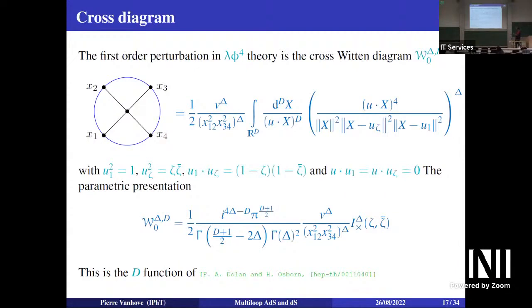The cross has this boundary to bulk propagator, and after conformal remapping, it takes a form like that. Okay. So this integral has been computed many times. There is no pretense of any originality in having evaluated that, and actually you as well have computed that. But I just want to show you how we do that.